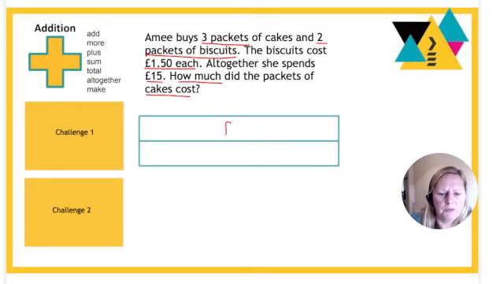So she's spent £15. I'm going to pop that in the top of my bar model and use the bottom to split that £15 up using what I know. So I know she bought biscuits and cakes, so I'm going to put cakes over here, and I will put biscuits over here.